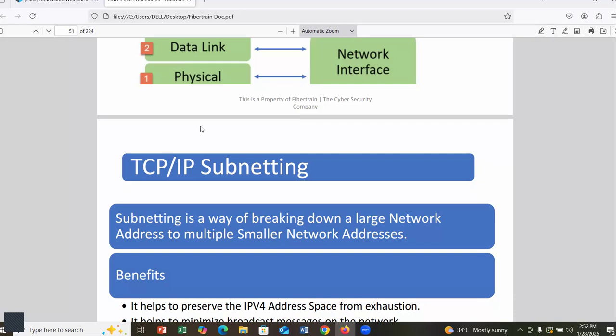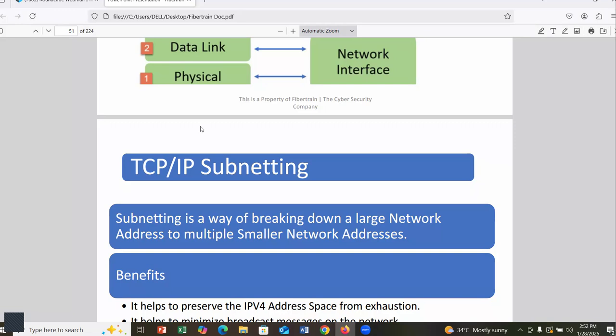For instance, when we go to the classes of IP addresses, I explained to you that we have class A down to class E. And I said that class A can only occupy how many hosts? Like 16 million plus. And I said the people that make use of class A are the ISPs, which are MTN, Glo, and Etisalat. So let's now assume that class A can occupy like 60 million. And all over this world now, with more than 60 million, imagine how many people MTN gives internet to every day.